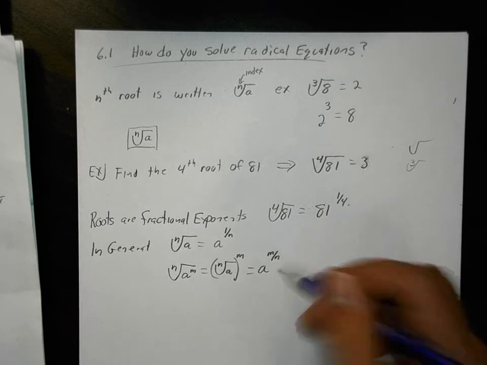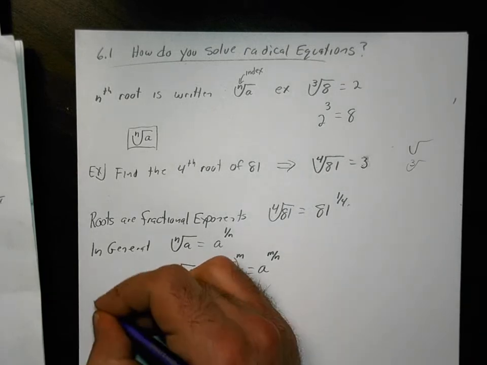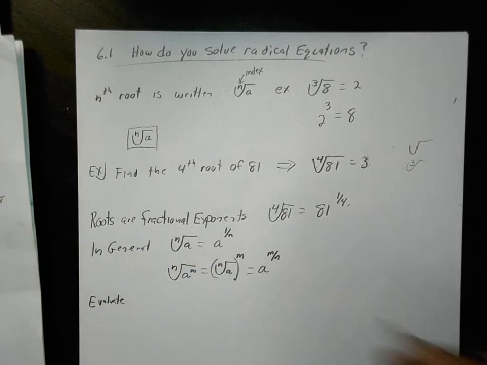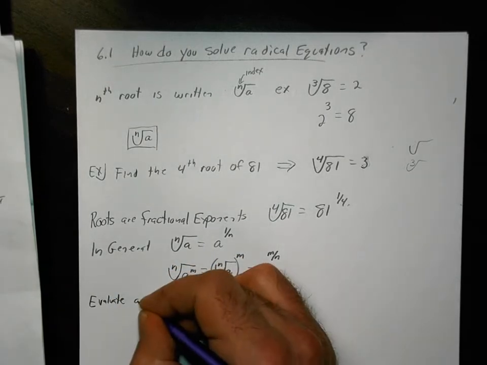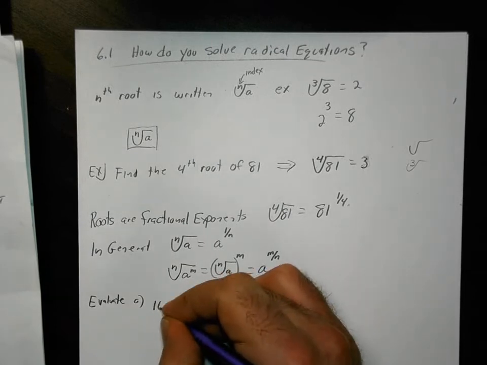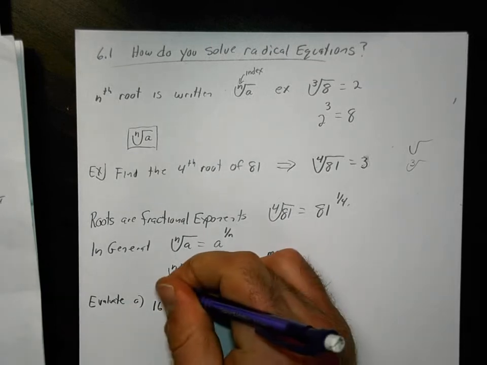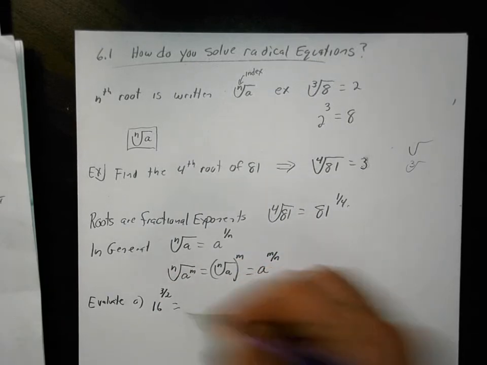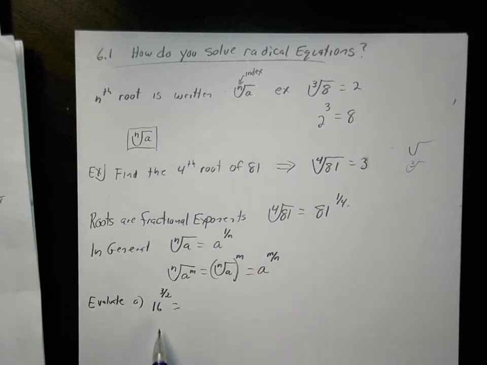And now, why is this helpful? Let's try to evaluate these expressions. And remember, evaluate means to figure out the answer. So, 16 to the 3/2. In order to evaluate that, I want to rewrite it from this to this.